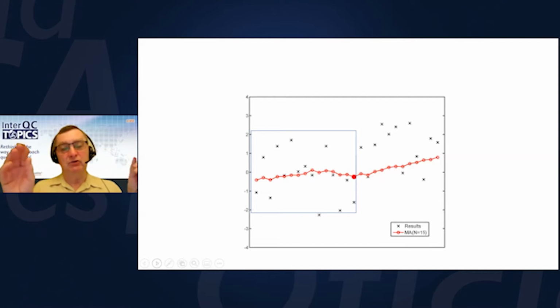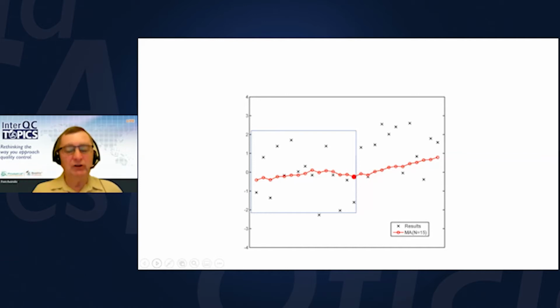We're going to take an average of previous results. In this case, maybe the last 15 patient results that we've analysed, and we're going to take the average. So the last 15 results, averaged out, is our patient-based real-time QC average.